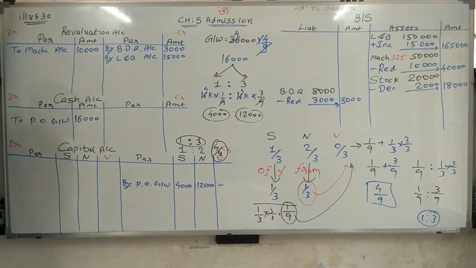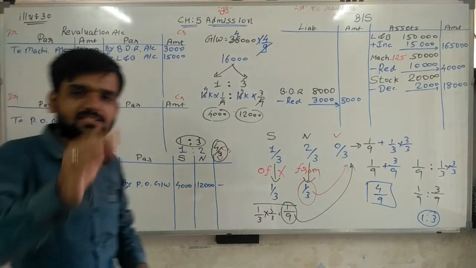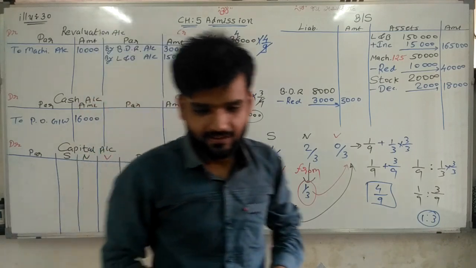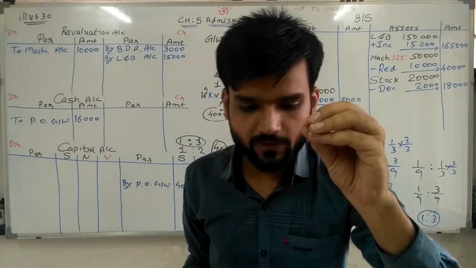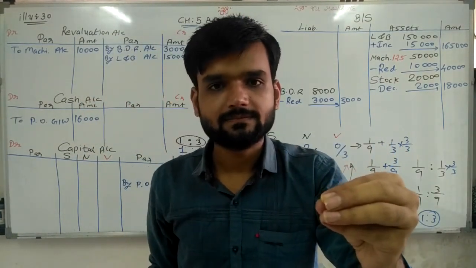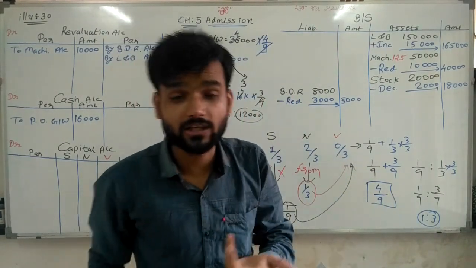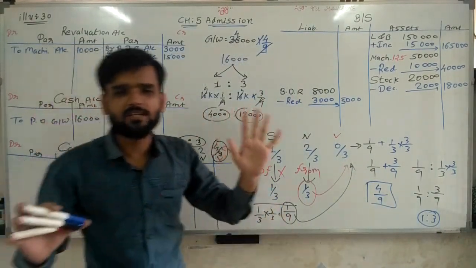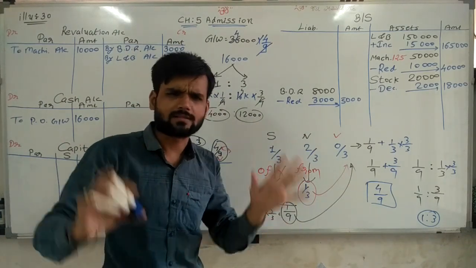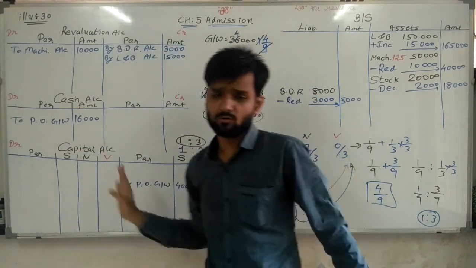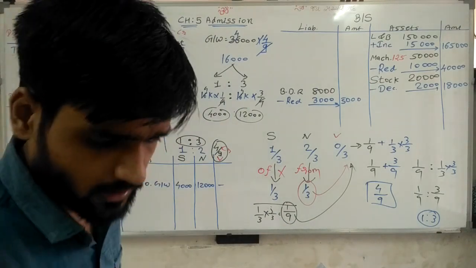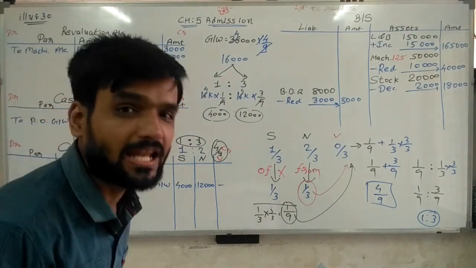Simple. Now only one thing is remaining. Vijay will bring 50% of the net assets of the new firm. What does it mean? We will do that later, at the end, when we are closing our accounts. But first, we need to do what is remaining in the balance sheet.